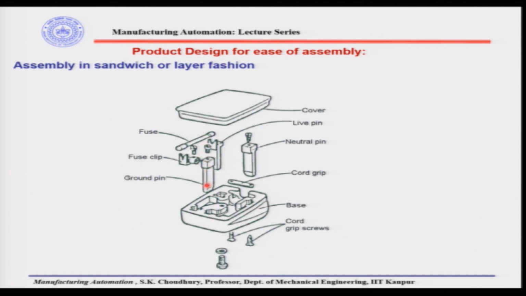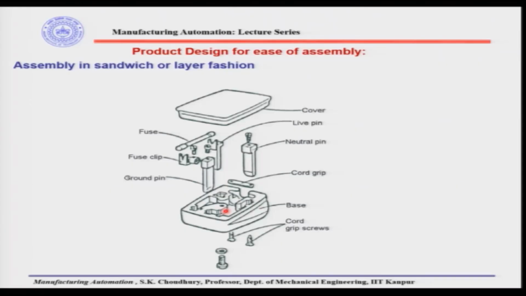See, this is the ground pin, this is the fuse clip coming to the ground pin, and this is the fuse. When these two clips are made, then the fuse can be put in. This is the neutral pin, all right. So, neutral pin, live pin, ground pin are placed here, then the cover can come. So, all are coming from the top.